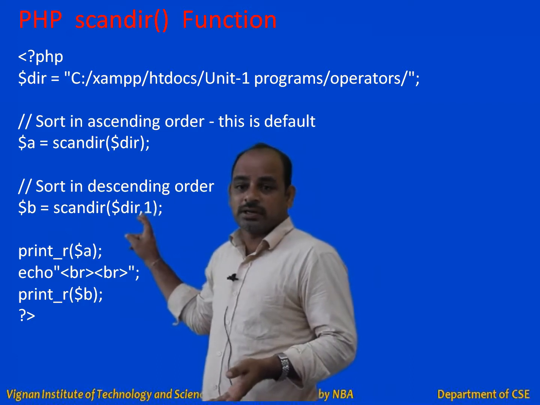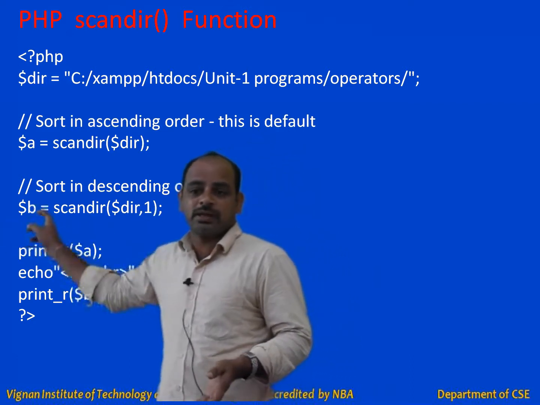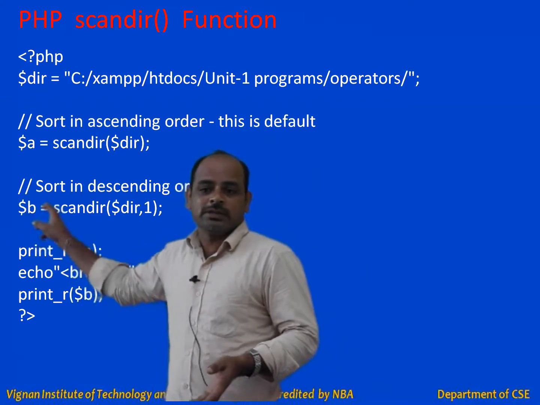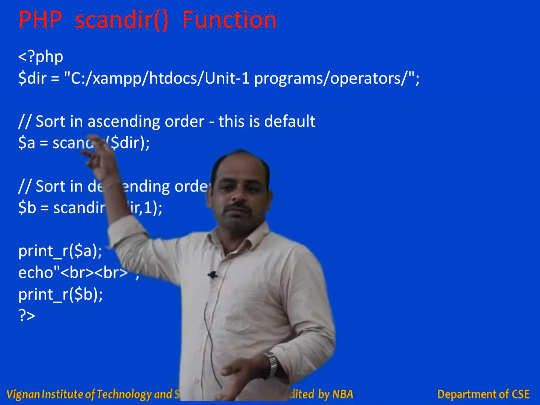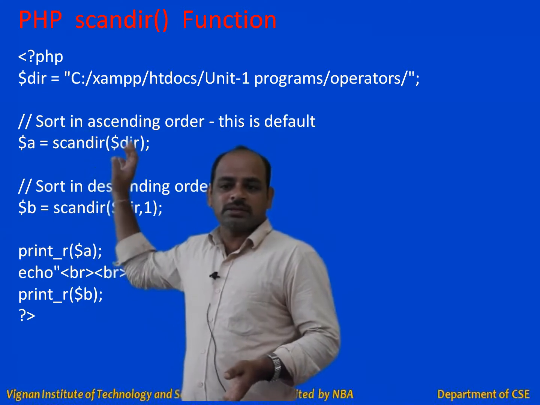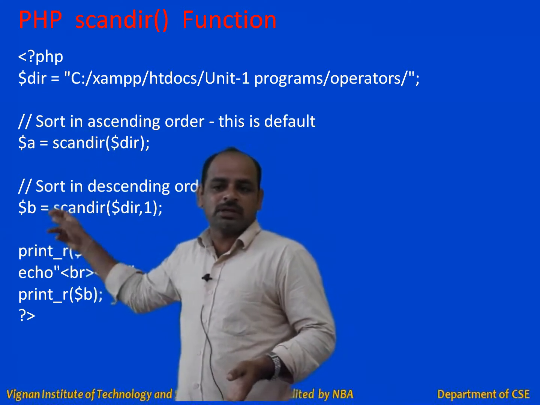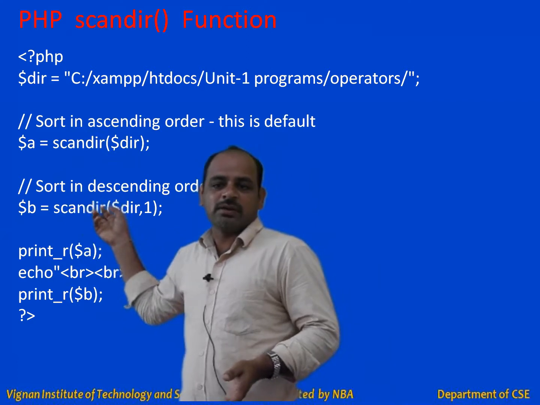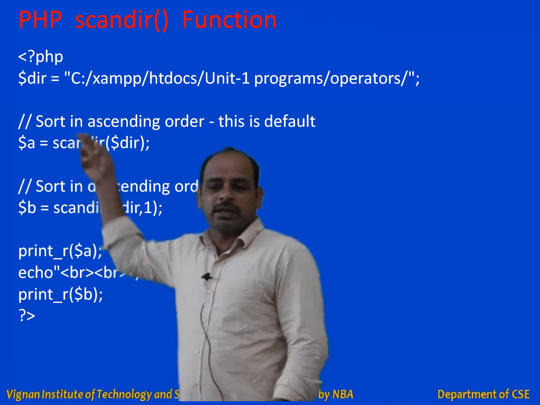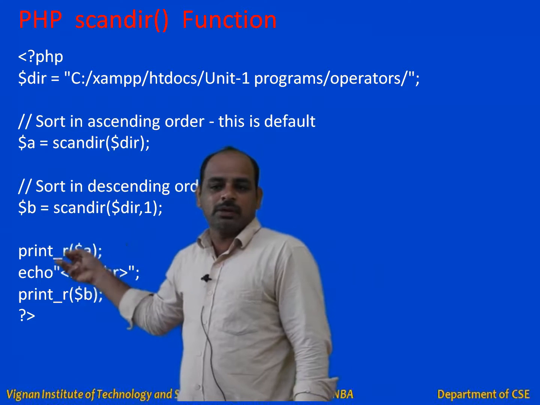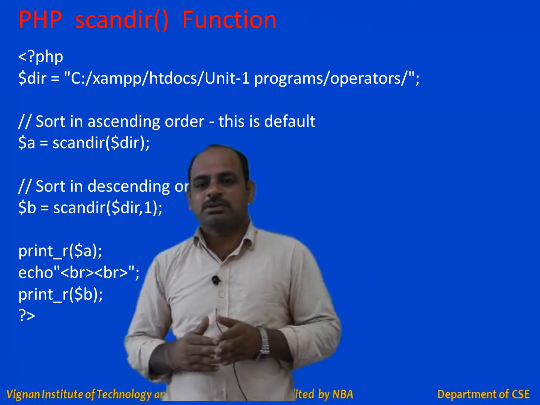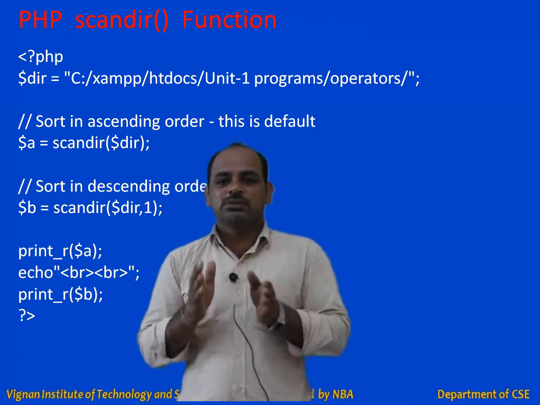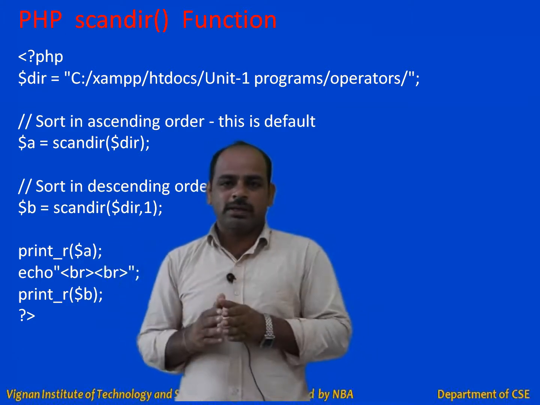And that content sorted in descending order will be stored into an array. Another array will be created, that is B here. So we have 2 arrays, A and B. A will store the content of the directory in ascending order, B will store the content of the directory in descending order, right? If you want to print array A and array B, we have print_r. You already know that print_r is a predefined function in PHP, which is used to display the array elements.